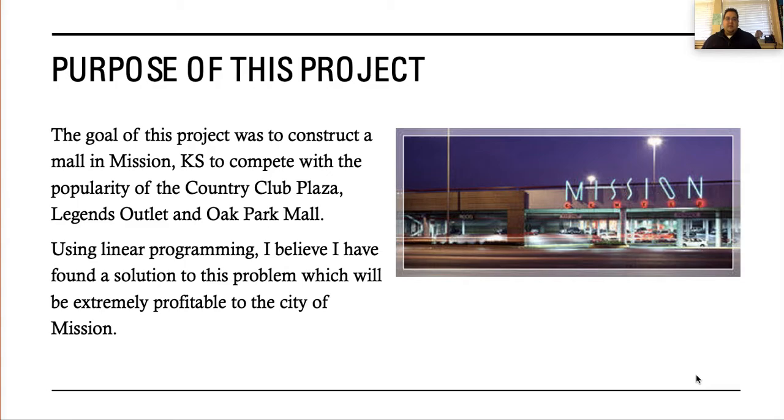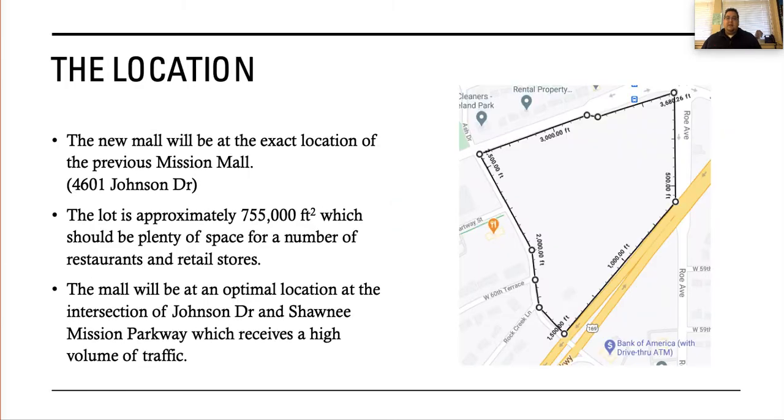So the goal of this project was to construct a mall in Mission, Kansas to compete with the popularity of other popular malls around it. By using linear programming and algebra, I believe I found a solution to this problem which will be extremely profitable to the city of Mission. So the location, the new mall will be at the exact location of the previous Mission Mall.